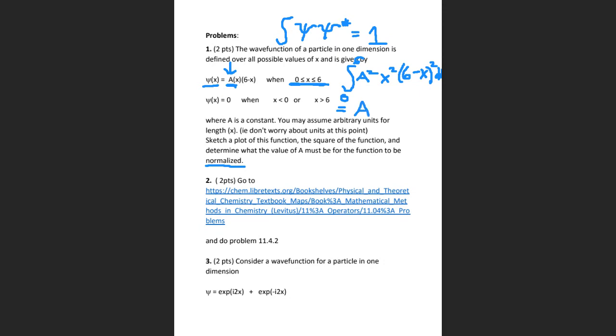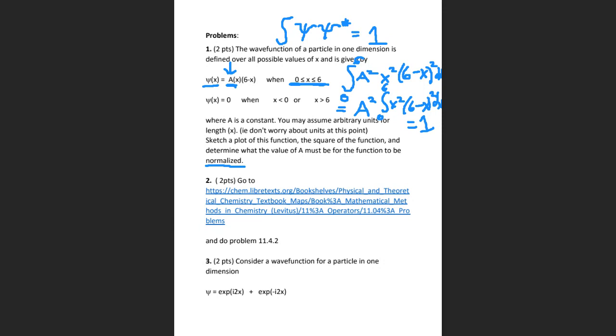You're allowed to do that. Then the integral of x squared (6 minus x) squared dx, set it equal to 1. Then you can find a value of a for the function.